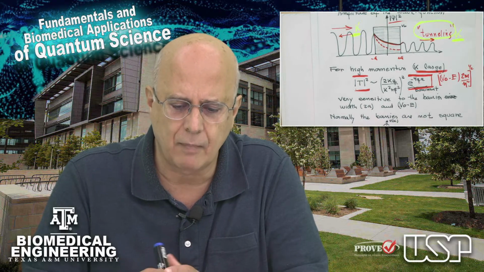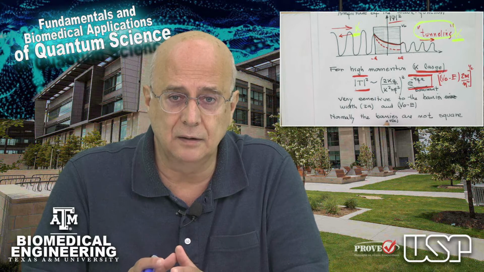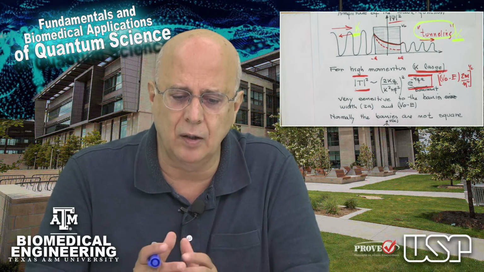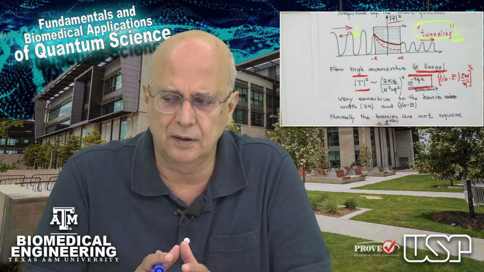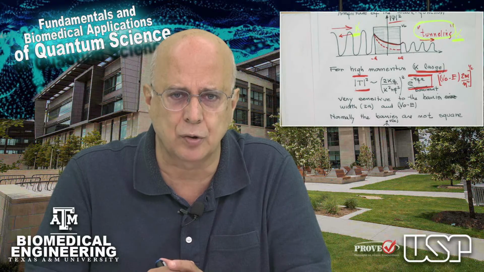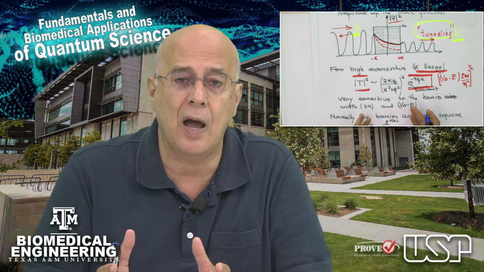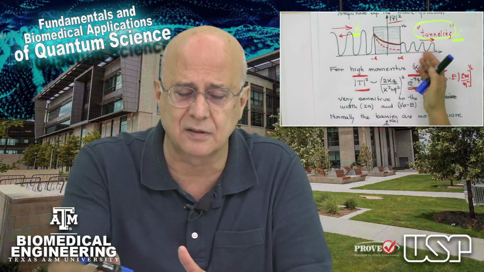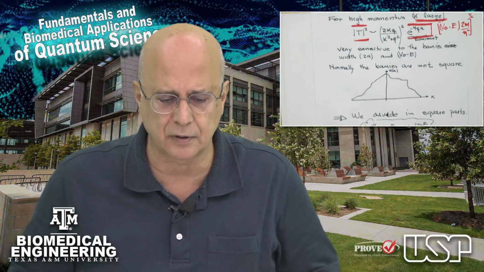It's very interesting. And that's important because, as we're going to see in some applications, that's determining many things to happen. Things that could not happen classically will happen with quantum effects. And that's the importance of it.